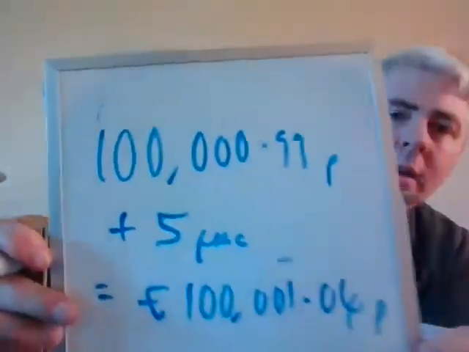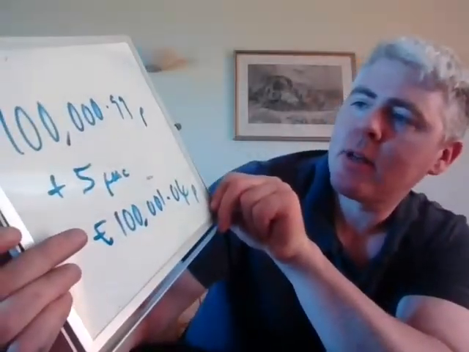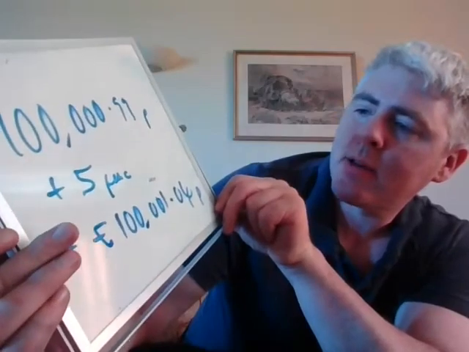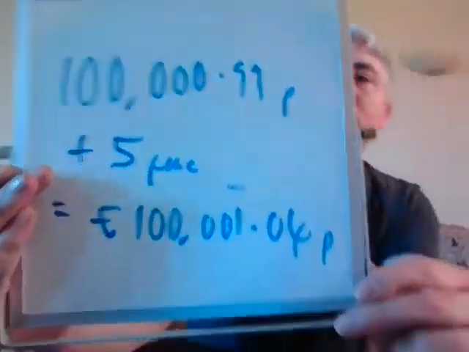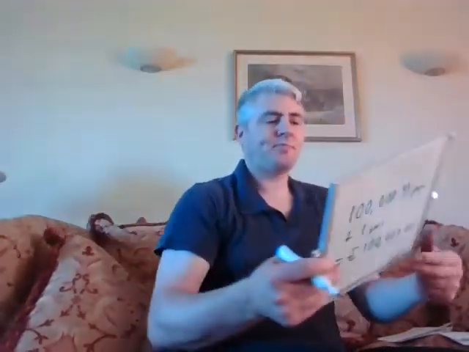Just look at that quickly. Yeah, 100,000 and 99p plus 5p is 100,001 and 4p.